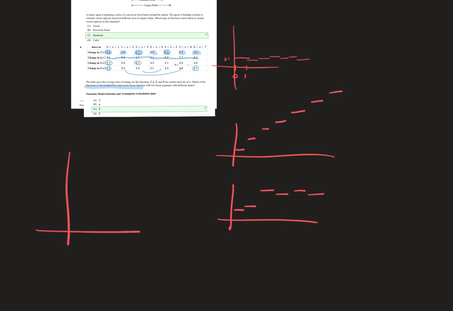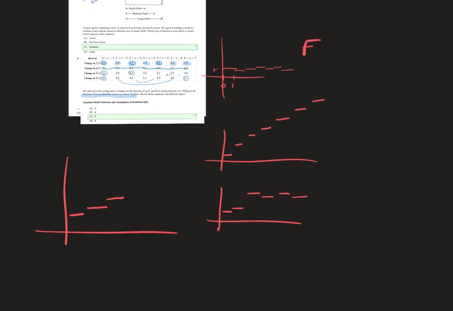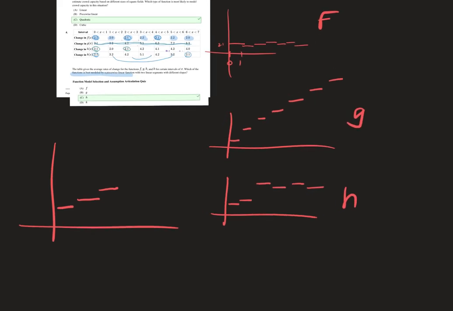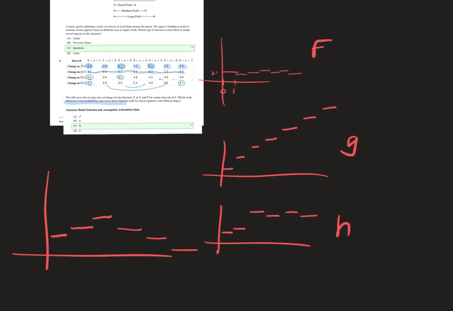And the last one goes 3.2, 4.2, 5.1. Wait, did I skip one? This is F, this is G, this is H. This one goes, what did I end on? 5.1, 4.2, 3.2, 2.1.